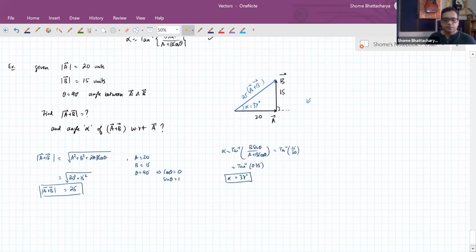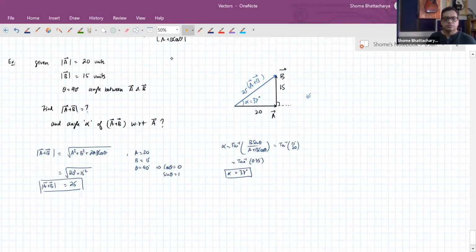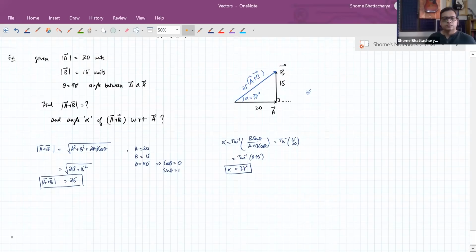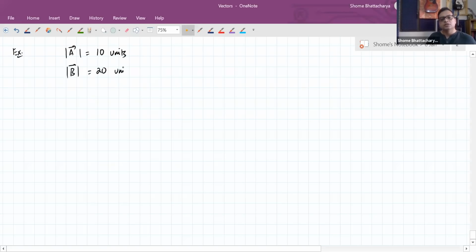Let's look at another example. Now we have this situation given to us that the magnitude of the vector A is 10 units. Magnitude of the vector B is 20 units. Okay.